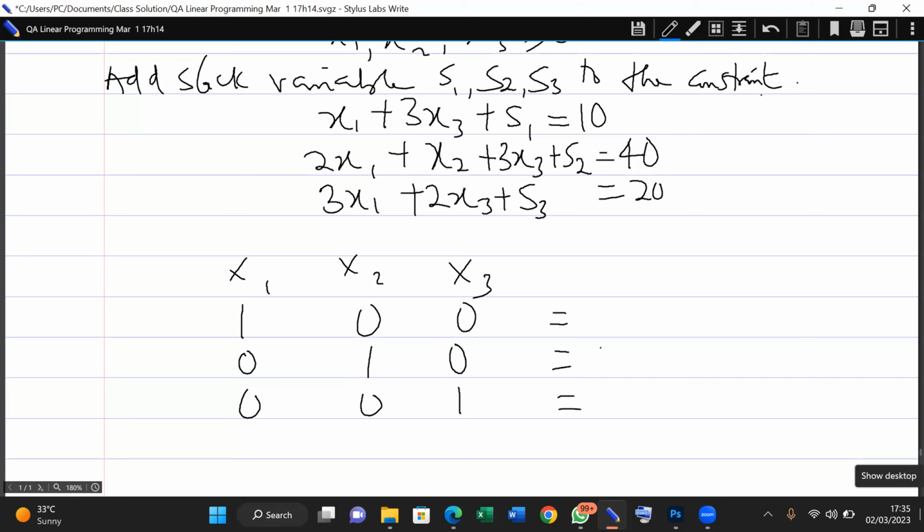What is the standard form of 10? 0.10. Let's just say 0.1, right?